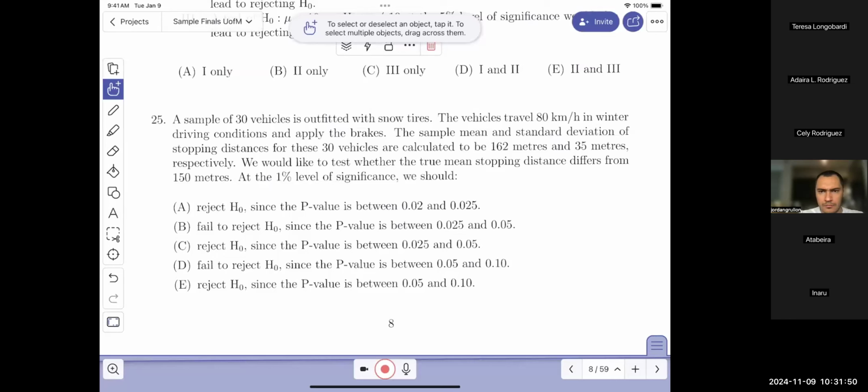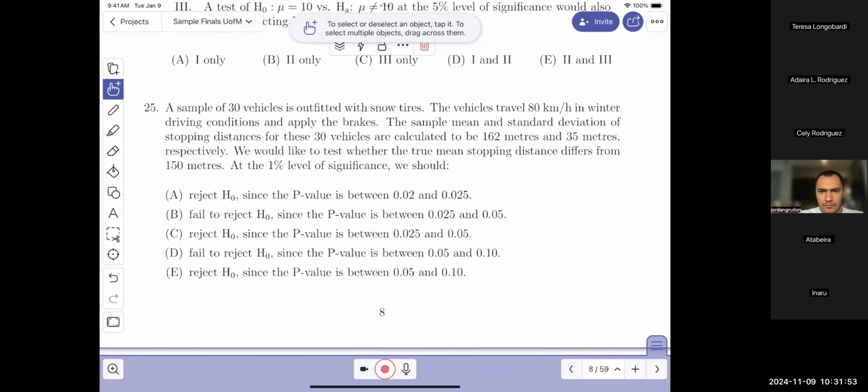It's 41, 46. Okay, I read the problem. You can take a screenshot. And let's go through the questions. Is this about means or proportions?